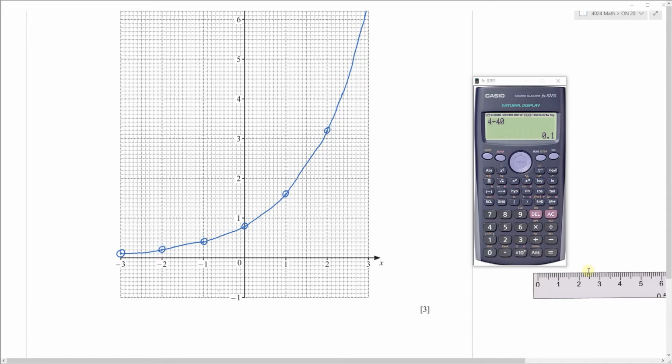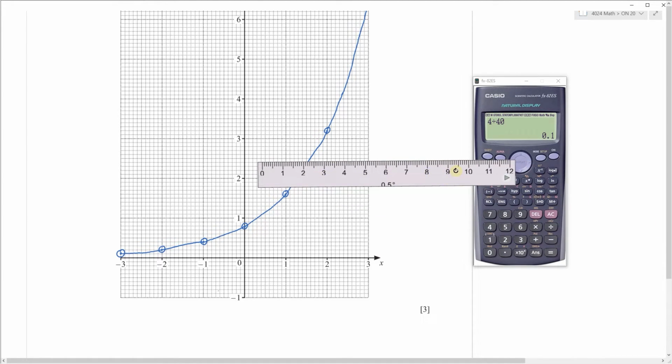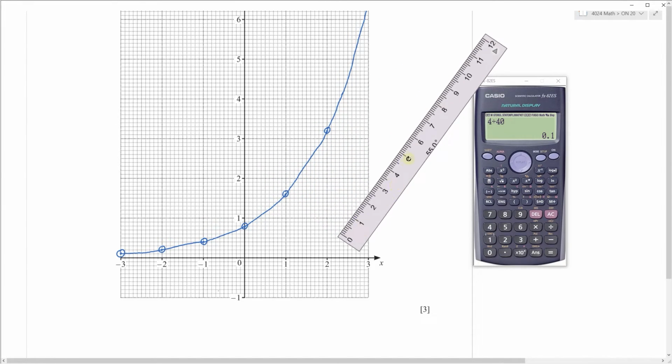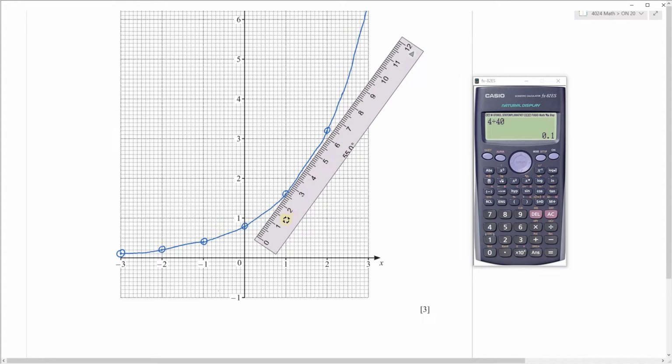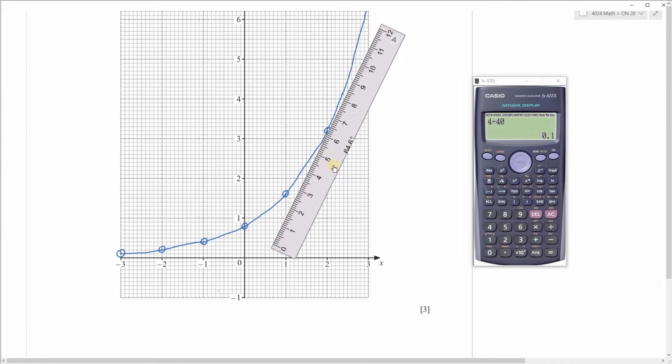I'll use my ruler here to align it with the curve, such that it will just touch the curve at this point. So I think this looks okay. Now I can draw a straight line here that will touch the graph at this location.